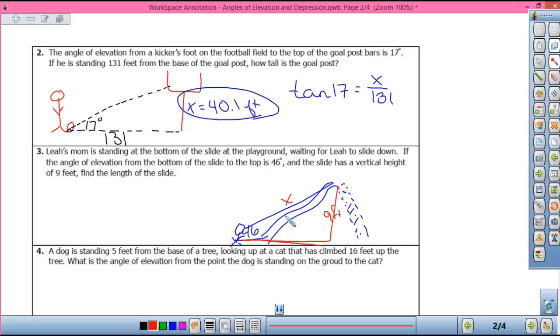So we are going to use sine of 46 equals opposite over hypotenuse. So multiply or divide? Divide 9 divided by sine of 46. My slide is 12.5 feet.